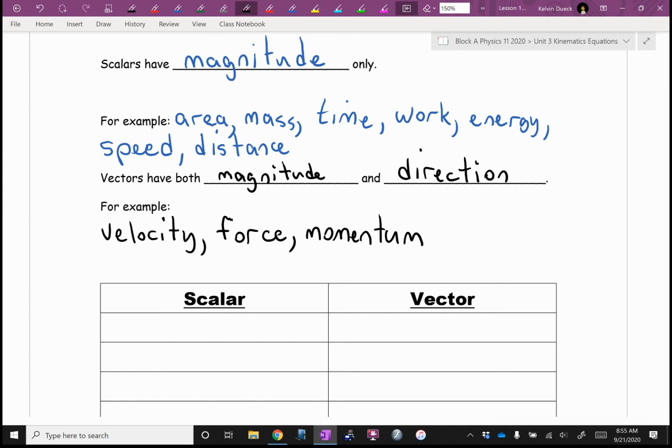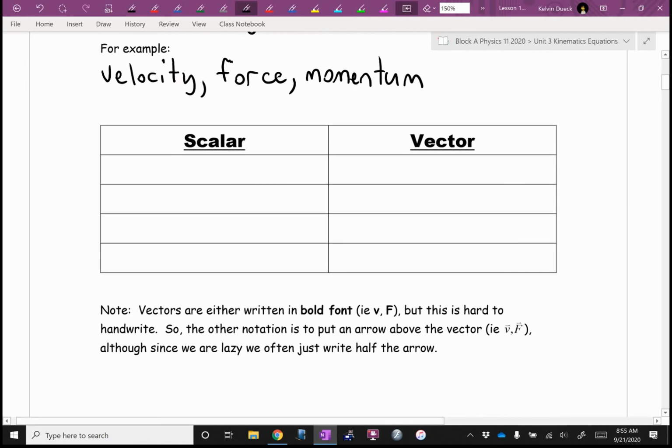Impulse is a vector. Lots. And again, you don't need to make this big list and memorize it. We're fine. We are going to make a small little list here, though. So, scalars and vectors.